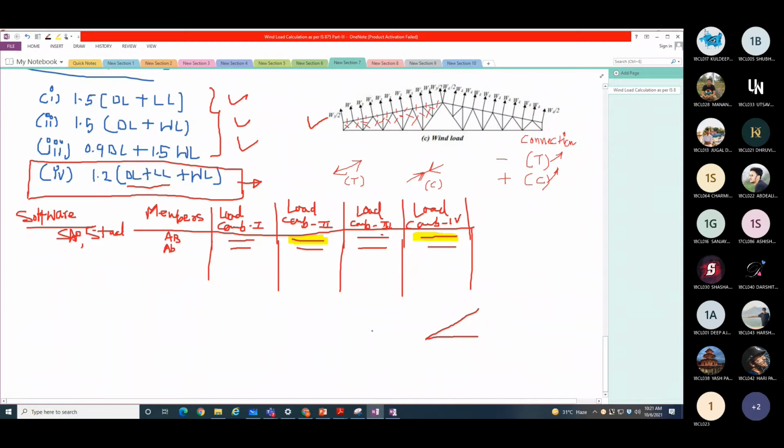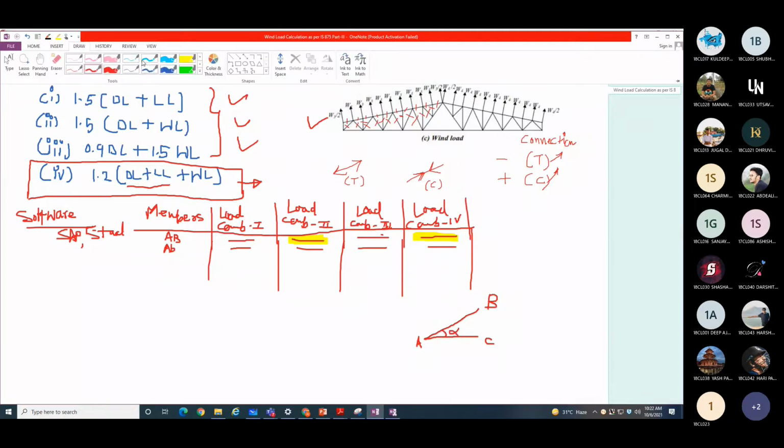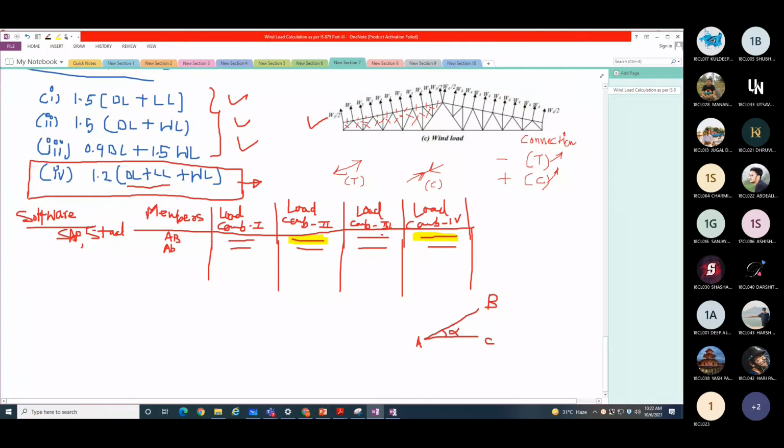Say for example, this is your A point, this is your B point, this is your C point, one of the members of the truss, and you require to find the forces in AB member and AC member. Initially you assume that AB member has a compression force and AC has a tension force like this, right?